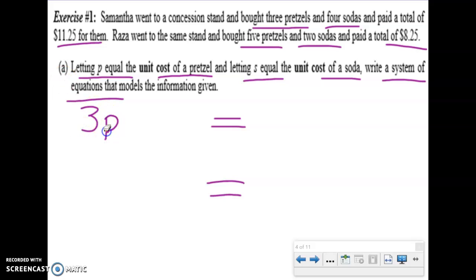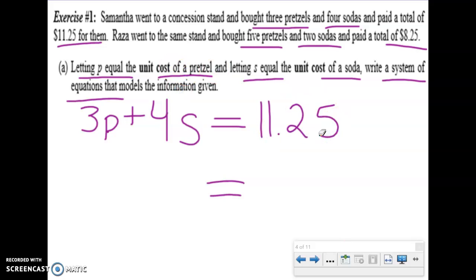That's what P represents. We do know that she bought 3. So 3 times however much one of those pretzels cost, plus the fact that she bought 4 sodas. Now again, we don't know how much they cost, so we use a variable. We do know the total price was $11.25. So that first equation is all about Sam and how much money she spent on pretzels and soda.